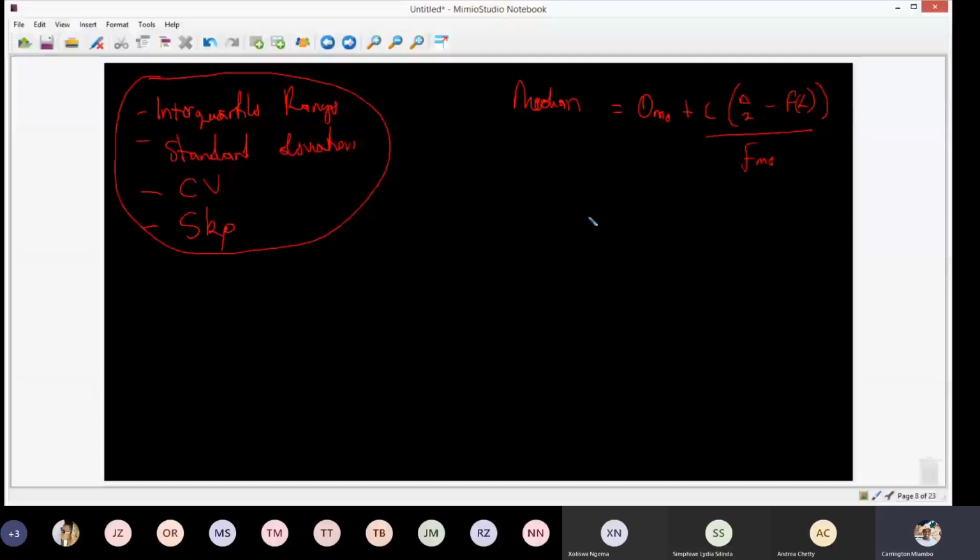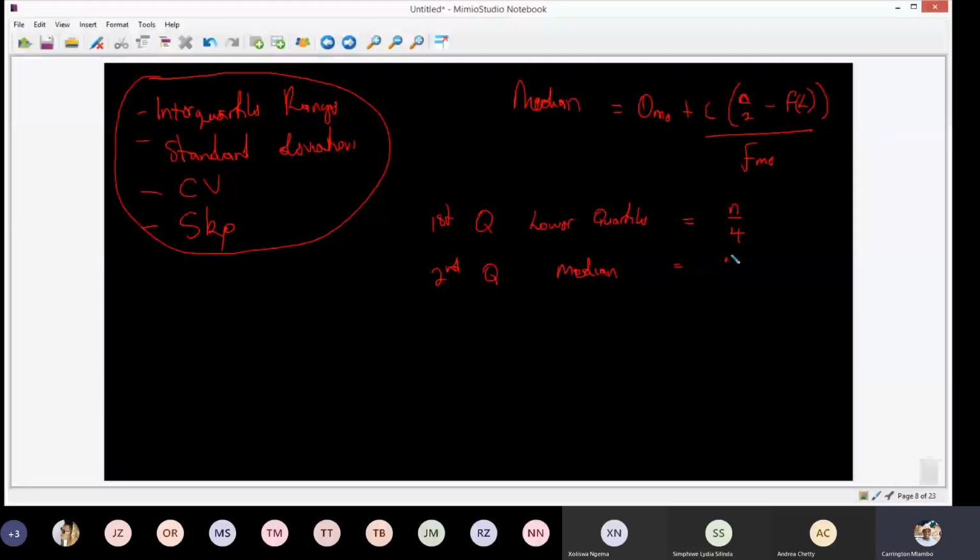What is now changing is the quartile. There is a first quartile, isn't it? The first Q, which we call the lower quartile. The lower quartile, it's simply instead of N over 2 is now N over 4. That's what is changing. Then the second quartile, which is the middle, which we call the median.